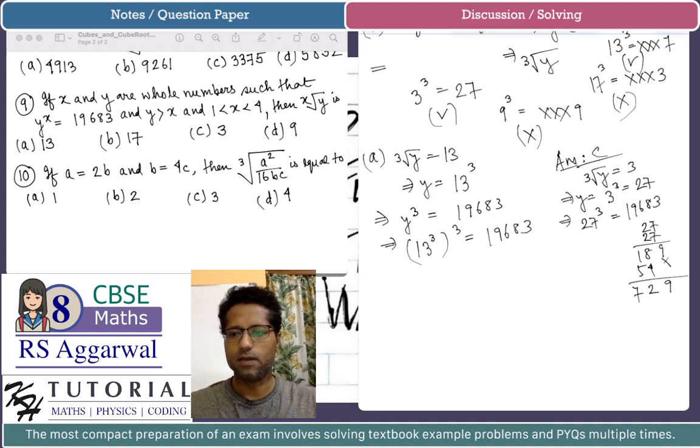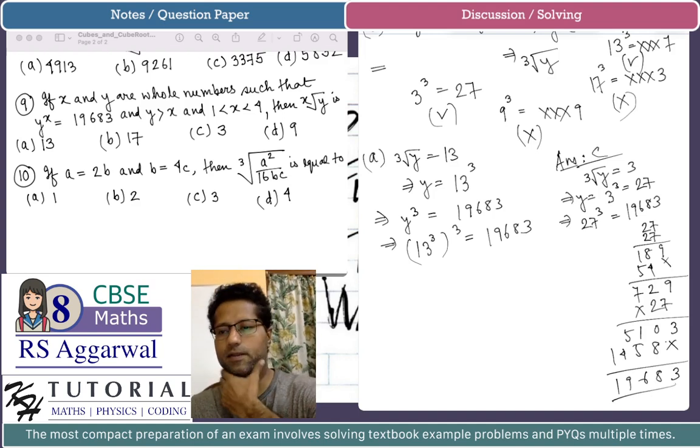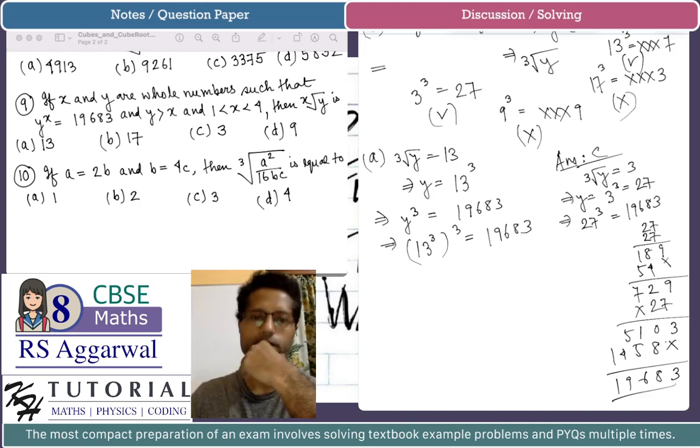Okay, 729 multiplied by again 27, so this is 19683. Okay, so it is 19683. So we see that 27 cubed is 19683, which means that y is 27, which means that the cube root of y is 3. So the correct choice is C.